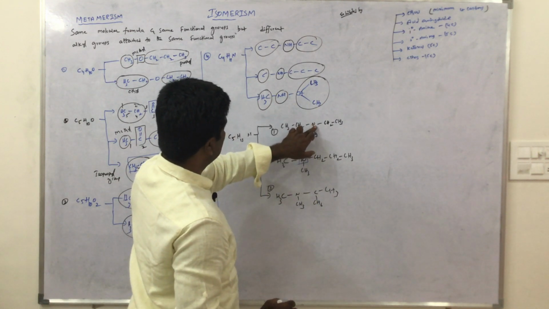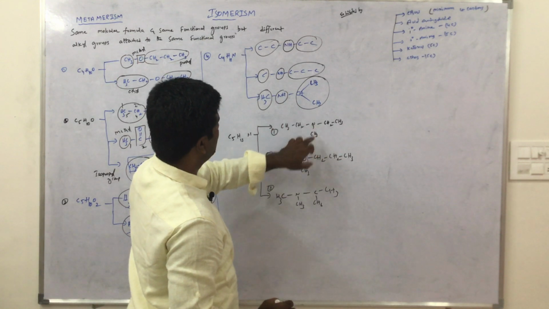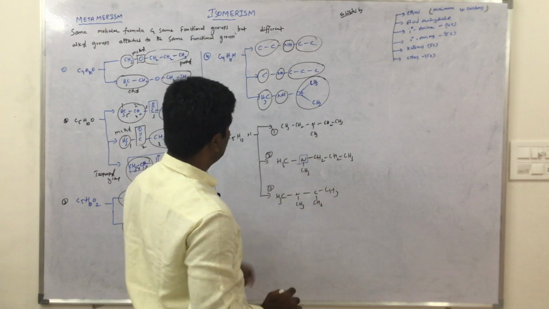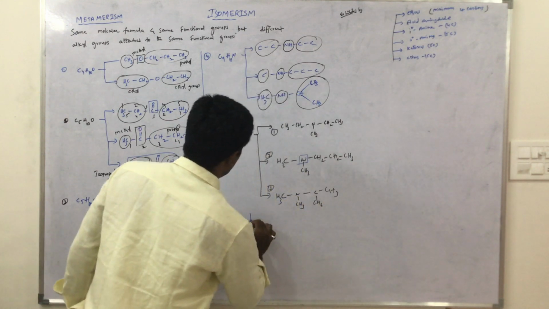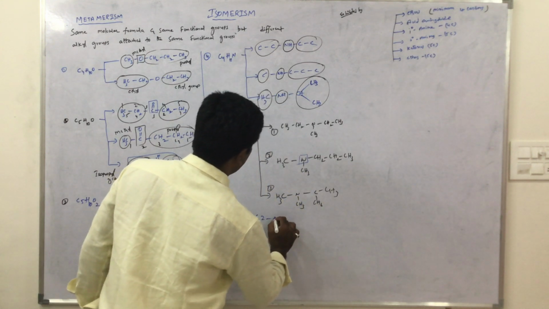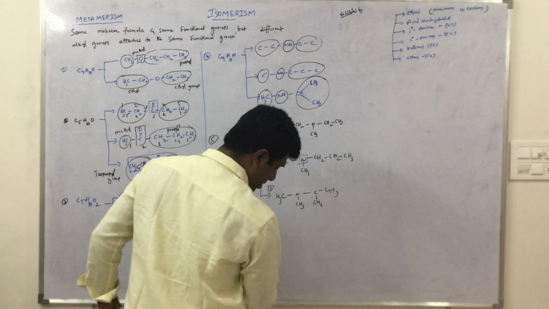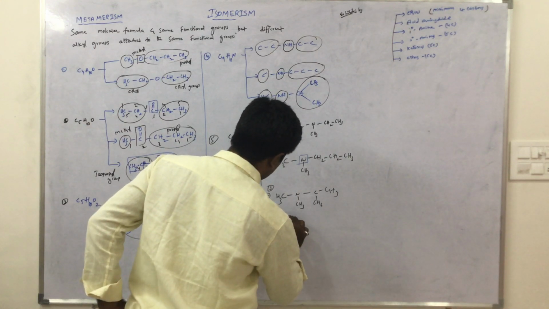In one structure nitrogen is present in the middle of the chain. Structures 1 and 2 are metamers.